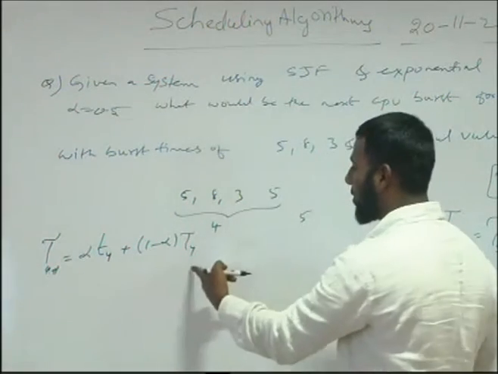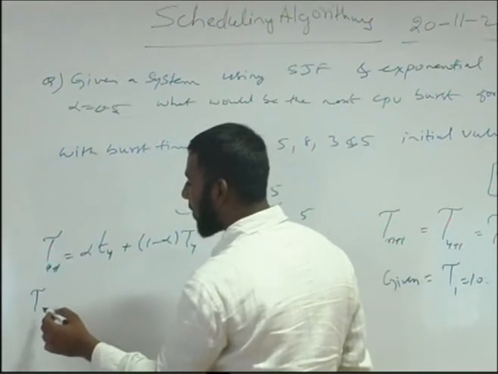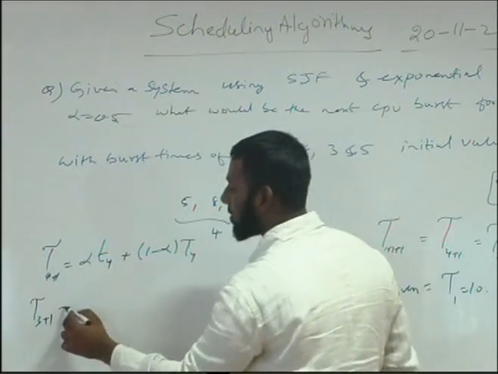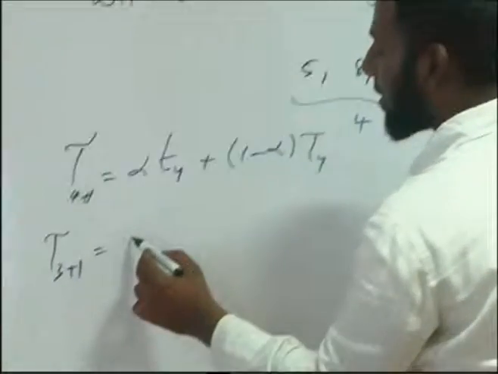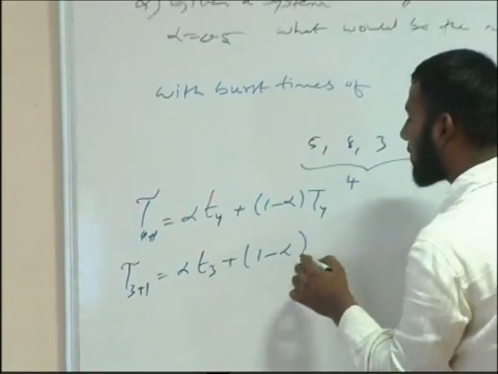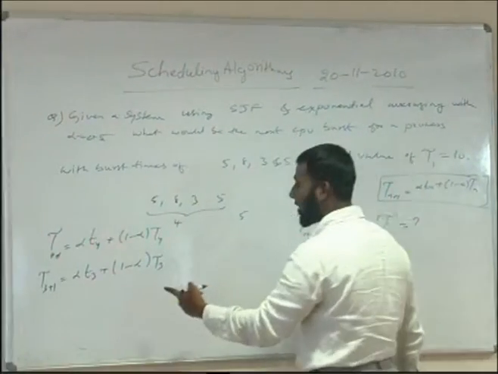But I do not know T of 4 again. So, how do we calculate tau of 3 plus 1, which is equivalent to 4? This can be calculated again using alpha of tau of 3 plus 1 minus alpha of tau of 3. Again, we do not know tau of 3.